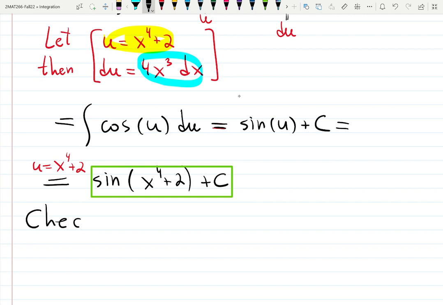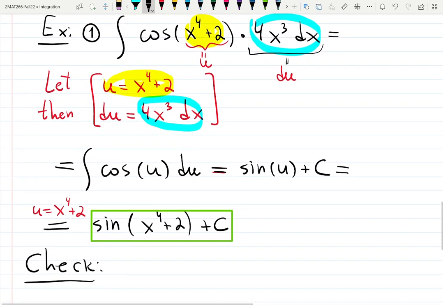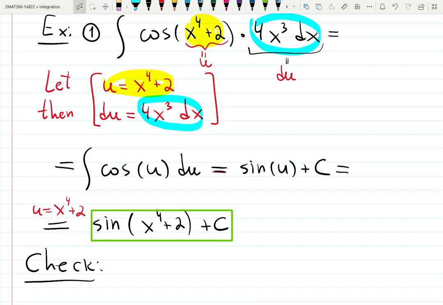How to check that the answer is correct? Find the derivative, and the answer of the derivative should be whatever is inside of the integral. So I'm going to differentiate sine of x to the 4 plus 2 plus c, and this is when chain rule will be involved. So we undid chain rule. Let's see. Derivative of the function outside is derivative of sine.